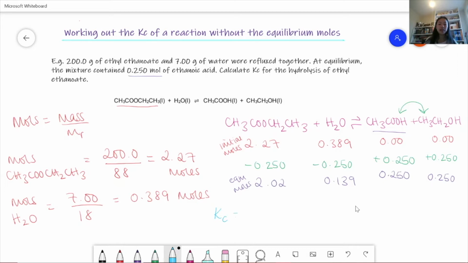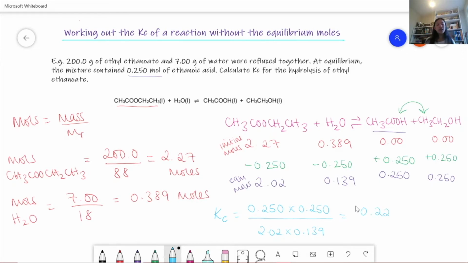So Kc equals the moles of CH3COOH and CH3CH2OH, so that'll be 0.250 times 0.250, and then we divide that by 2.02 times 0.139, and that comes out to be 0.22.